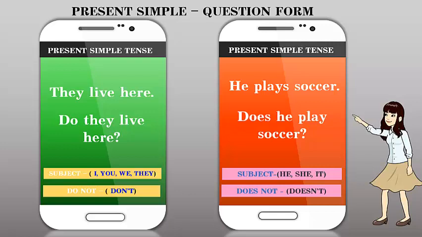Instead, I just used does at the beginning. So for he, she, or it, put does at the beginning and don't worry about putting an S or ES at the end of the verb. So to review, one possible way of forming a question from the present simple tense is using do or does at the beginning. Alright, let's move on.